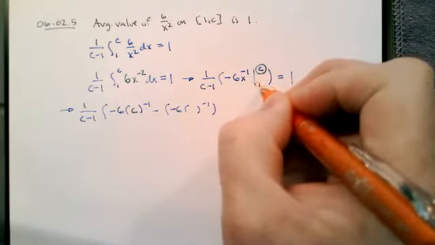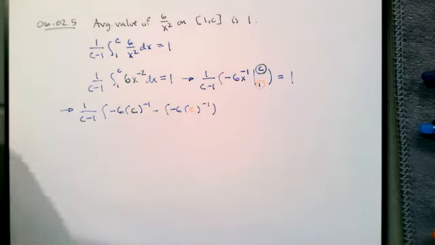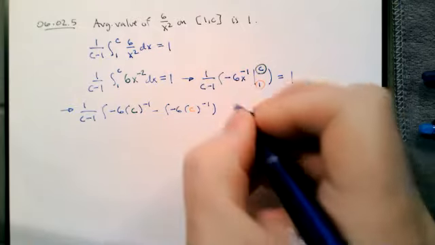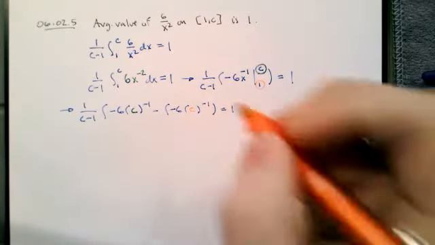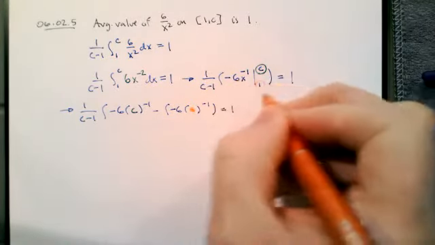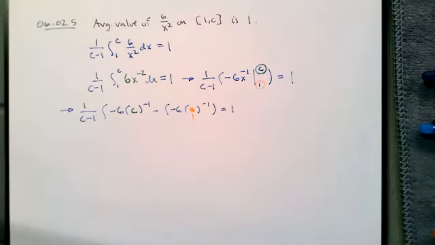Plug in my endpoints. All this is still equal to 1. I wrote c and I should have written 1, because I made a circle, and that circle looked too much like a c. I don't know if that's a more coffee problem or a less coffee problem.